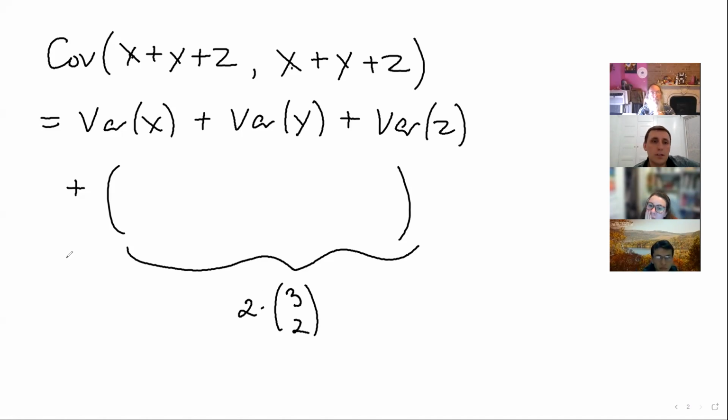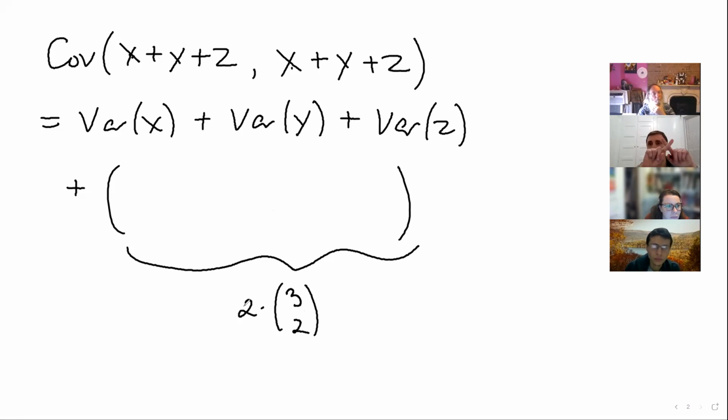And of course, there might be different variables. Maybe this is x1, y1, z1, and this is x2, y2, z2. But in general, when we are doing it, they are going to be the same, right? So if they're the same, I can just shorten it and make it 3 choose 2 and multiply everything by 2.